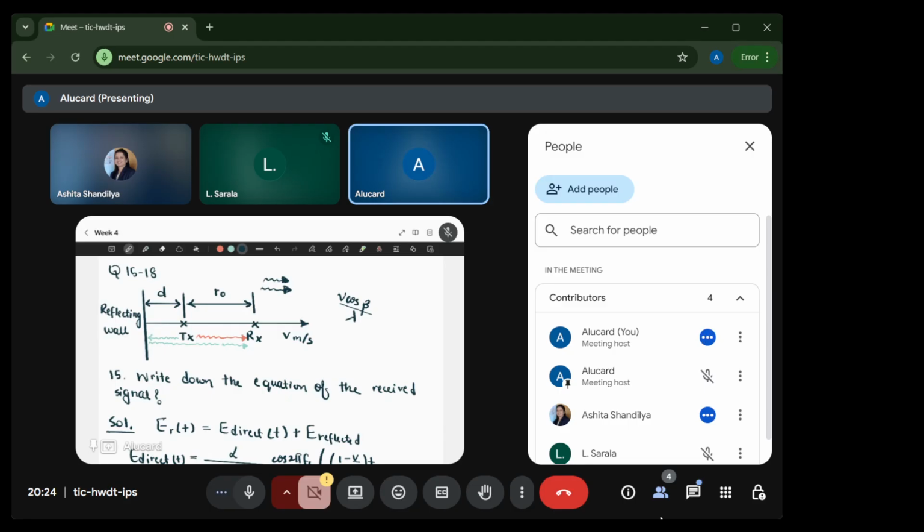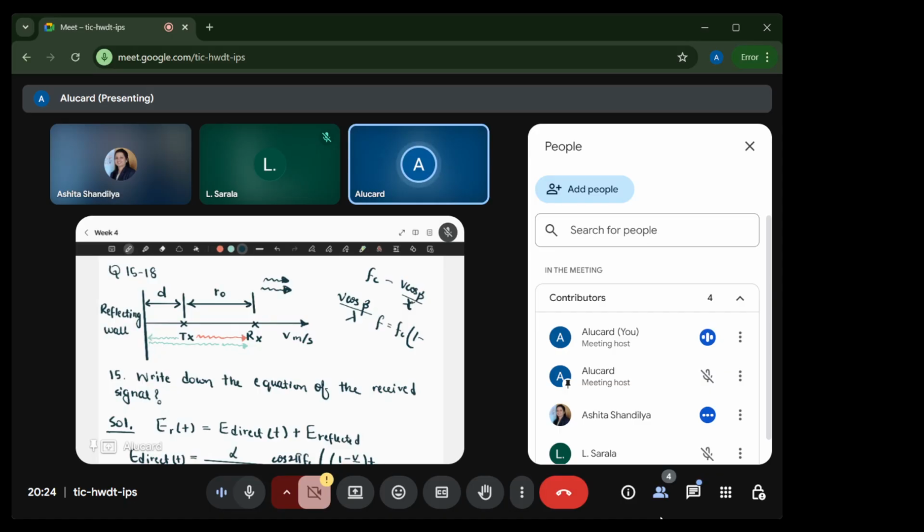So the apparent frequency is fc into 1 minus v cos beta by lambda, which is just 1 minus v by lambda.